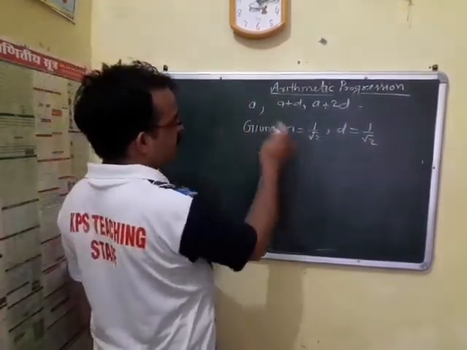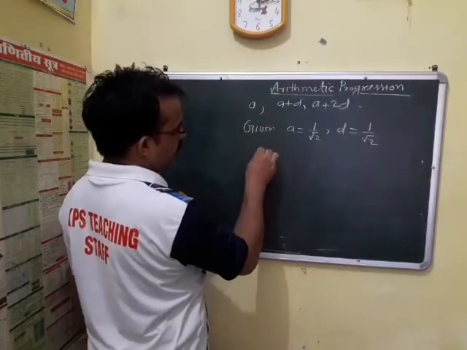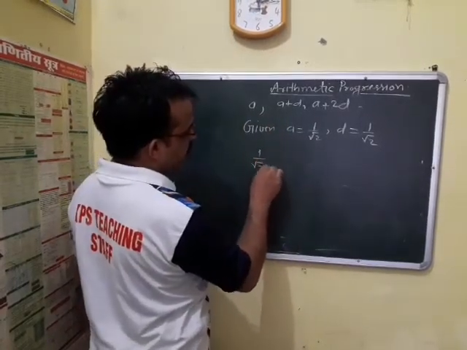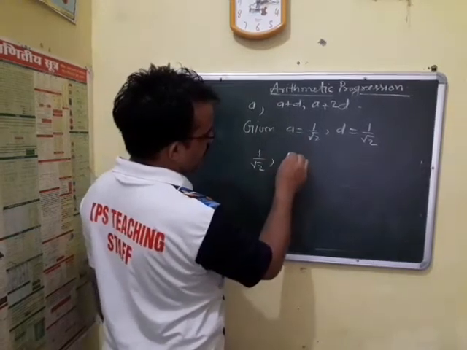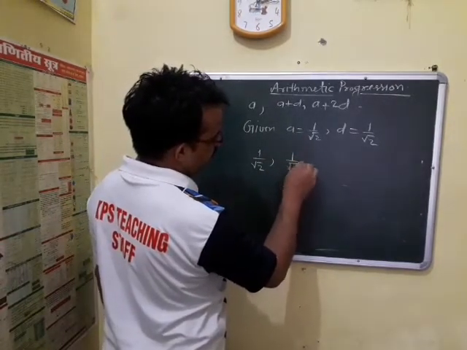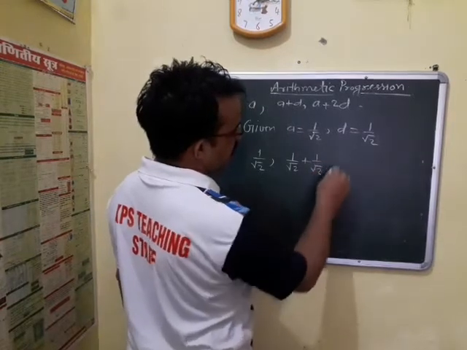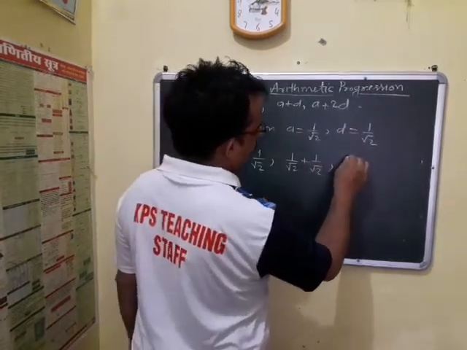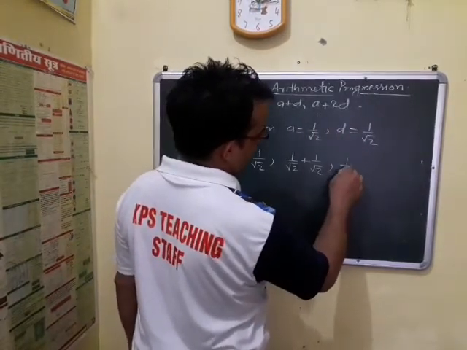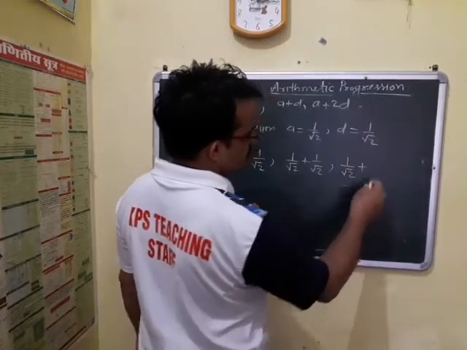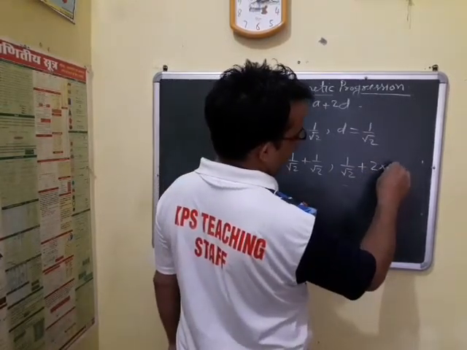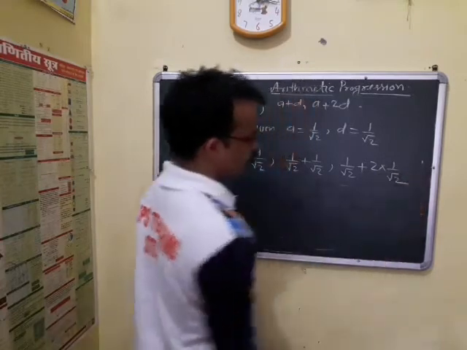Now here put the value of A, 1 by under root 2, clear, and this one is 1 by under root 2 plus 1 by under root 2. Second, third one: 1 by under root 2 plus 2 into 1 by under root 2.